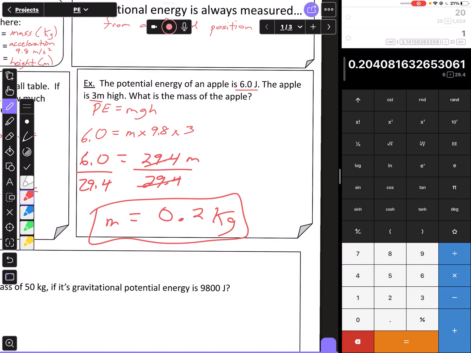So again, 6.0 equals my mass times, it's mgh, so that's 9.8, height was 3. Let's check my math. Yeah, that's 6.0 divided by that, and I got 0.2.